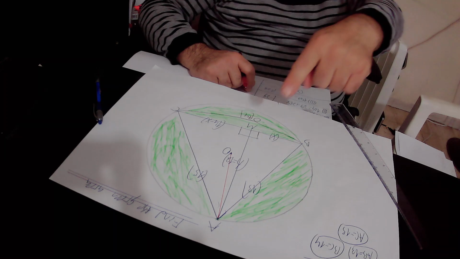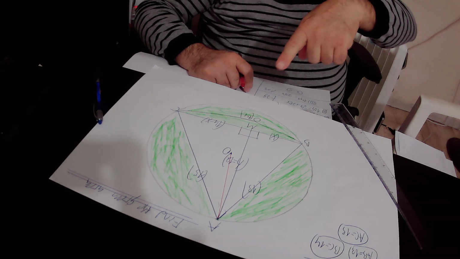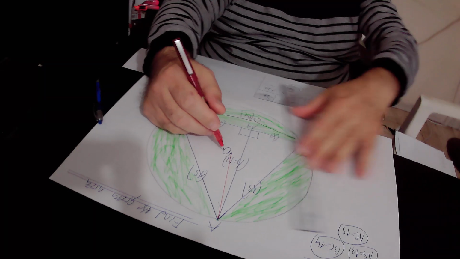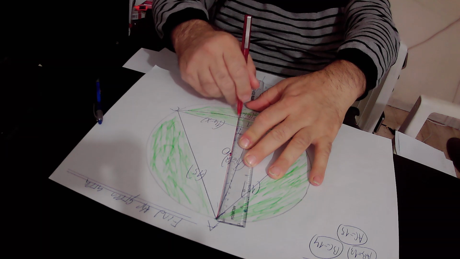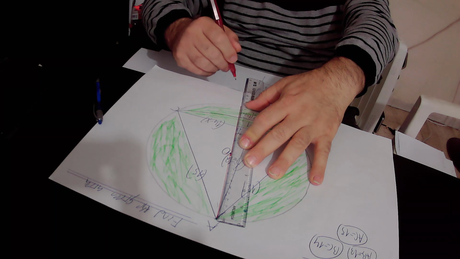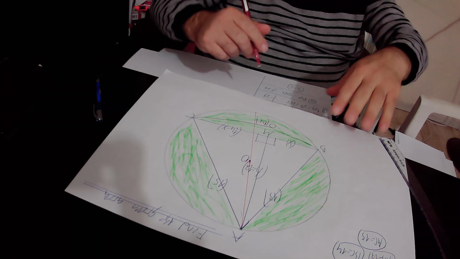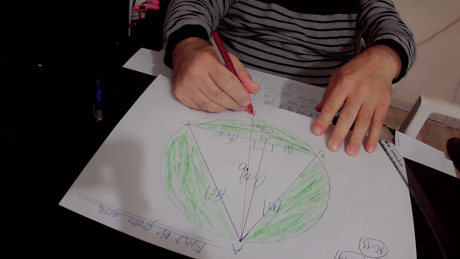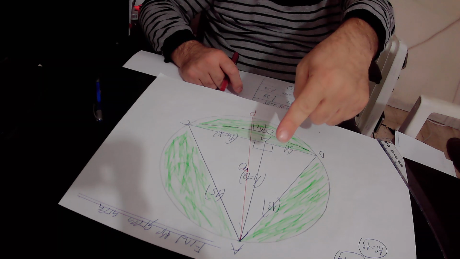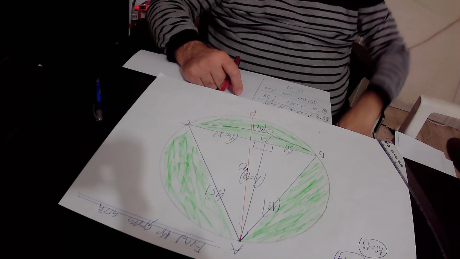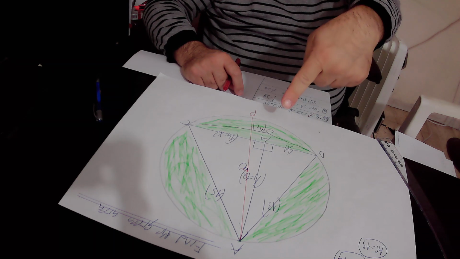In the next step, we will extend the radius AO by a straight line until it touches the circle. And we will define the touching point of the extended radius AO and this circle as P. So here we created chord AP. This is chord AP. Chord AP passes through point O, that is the center of this circle.